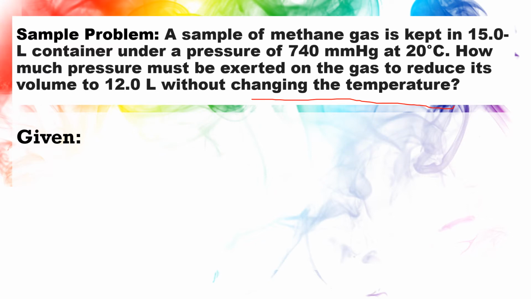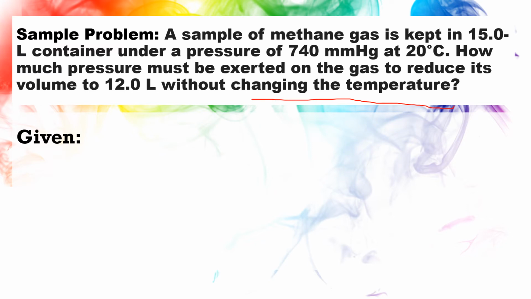So sometimes the best way to determine the initial and final conditions is that the values that are first mentioned in the problem are the initial conditions, and the latter values that are mentioned in the problem are the final conditions.